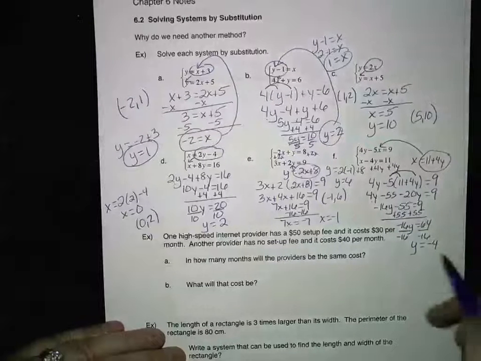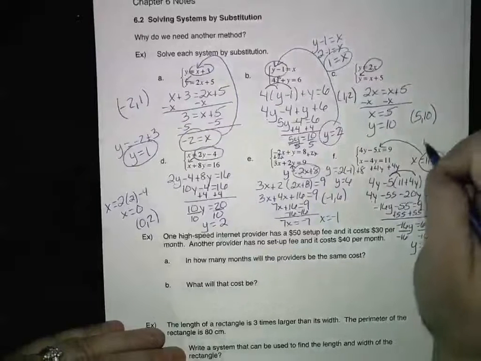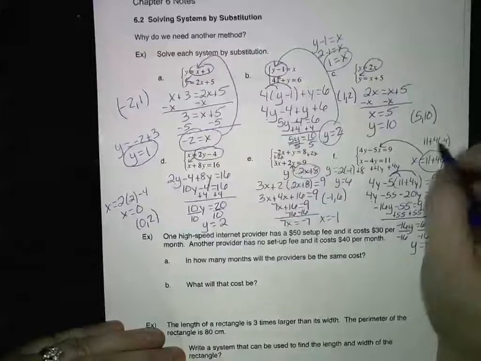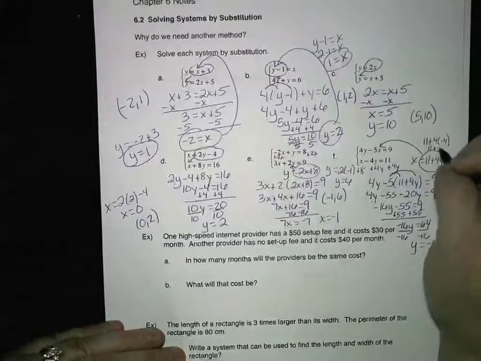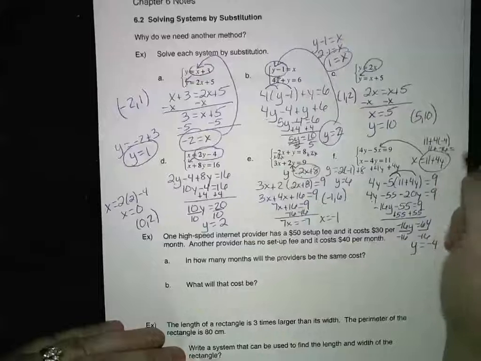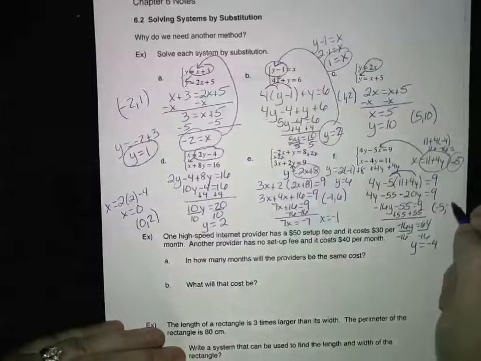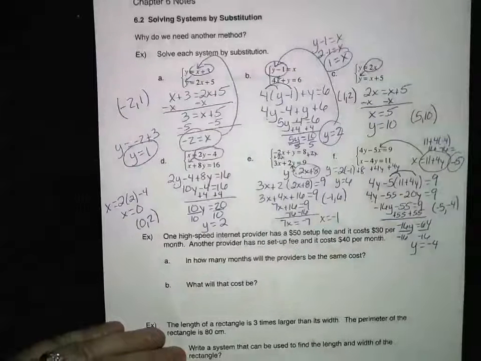And I'm going to substitute into this one. 11 plus 4 times negative 4 is 11 plus negative 16, which is negative 5. So x equals negative 5, y equals negative 4.